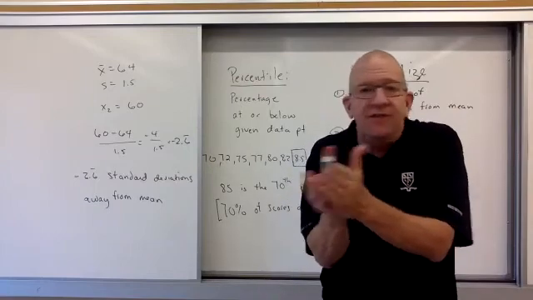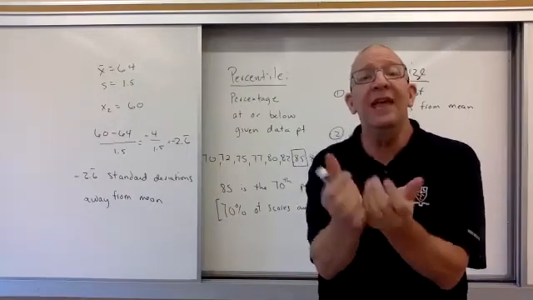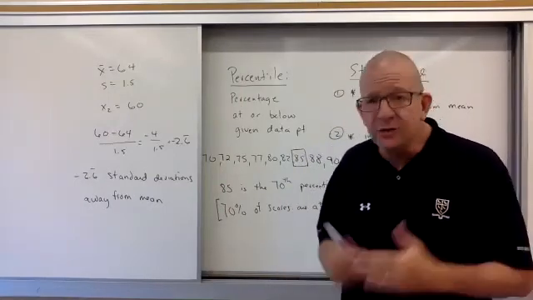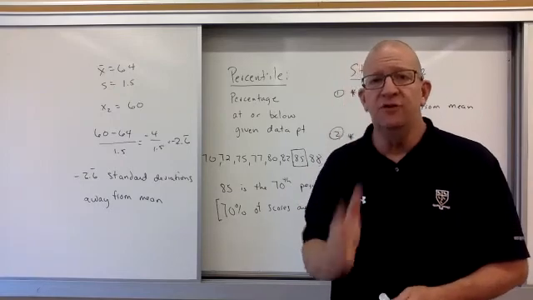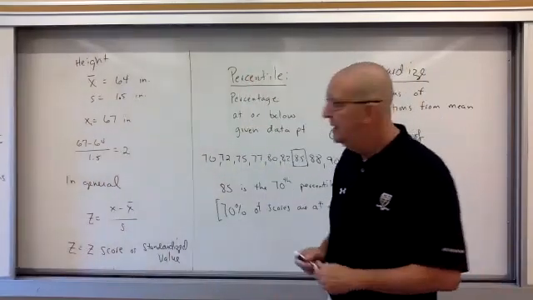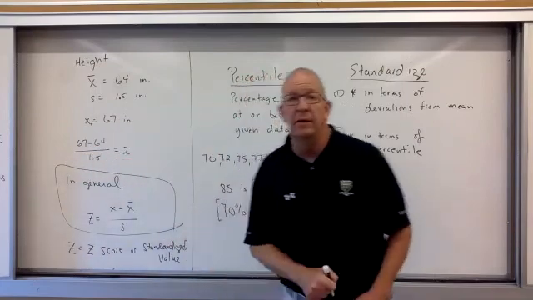The 80 in and of itself doesn't mean anything. But it's the number of standard deviations away from the mean that means something. That's what this is about. The number of standard deviations away from the mean. And for your life right now, this is your formula.